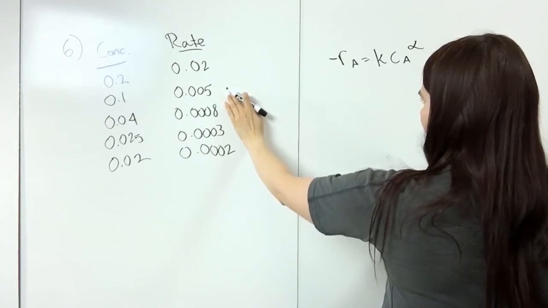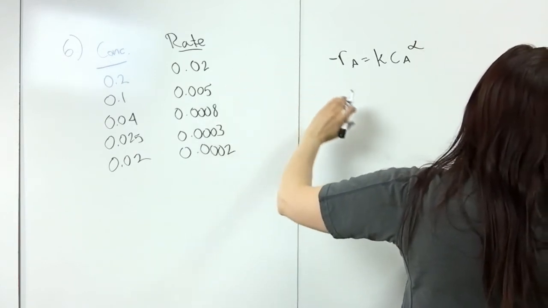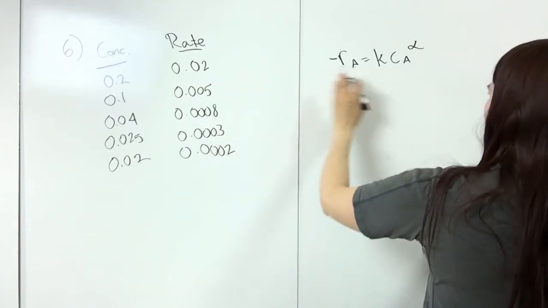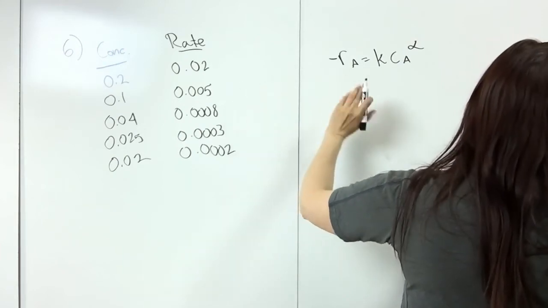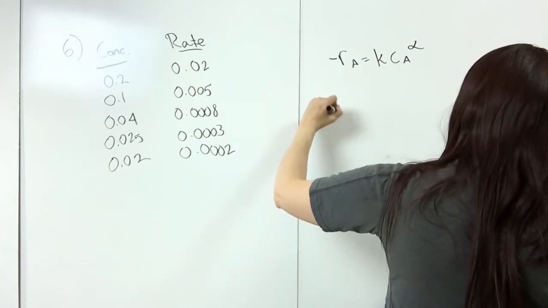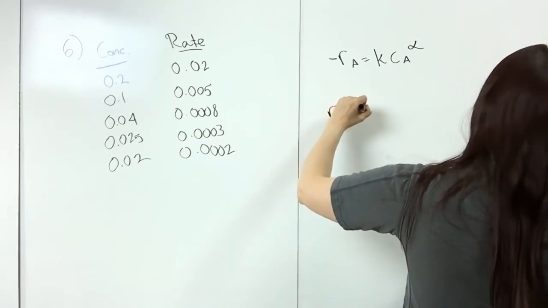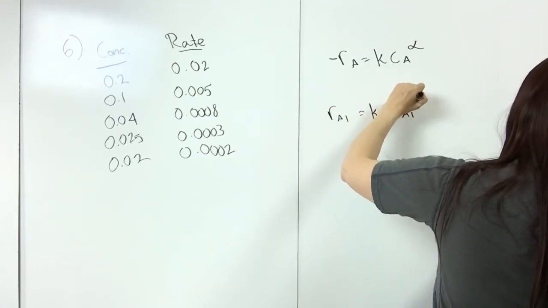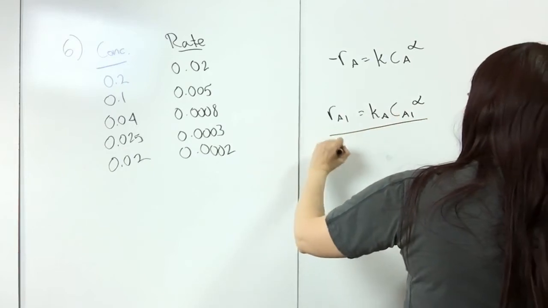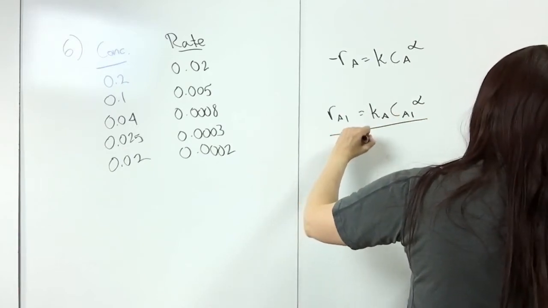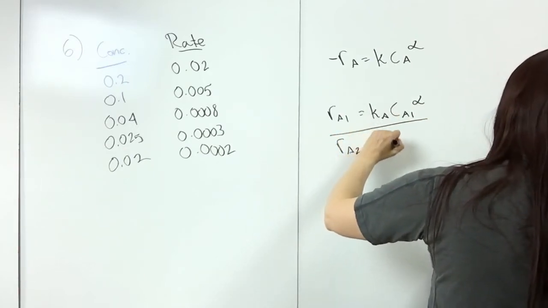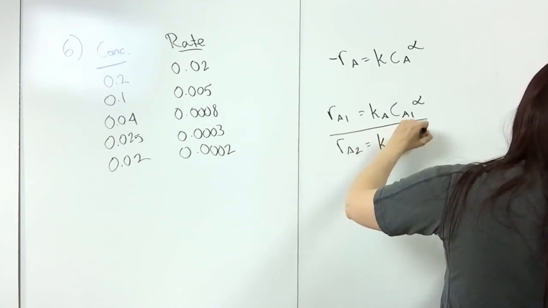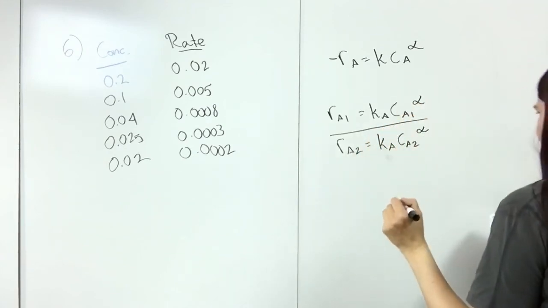Basically we can take a ratio of this because we know that alpha will be the same for both. So we can say rA1 is equal to k CA1 to the alpha over rA2 is equal to k CA2 to the alpha.